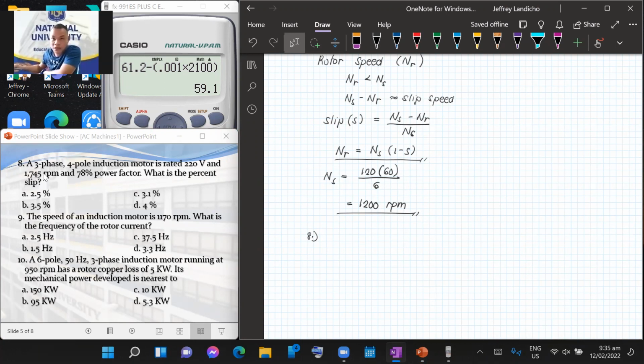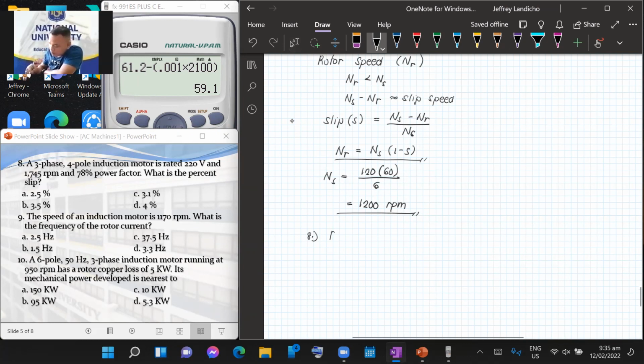This is the actual speed at which the given motor operates during full load. So ito, 1,745 rotor speed. So kung synchronous yan, dapat itong last 2 digits zeros. Okay? But in this case, this should be rotor speed.